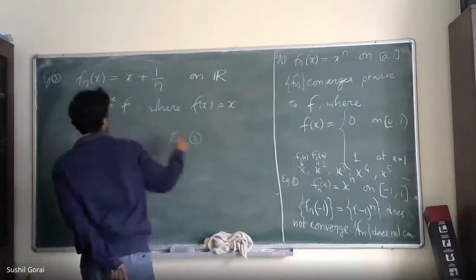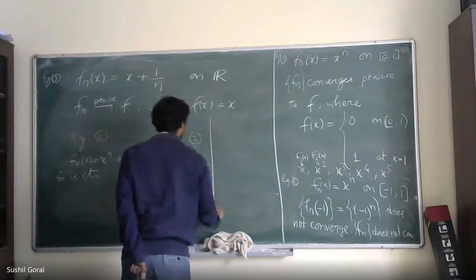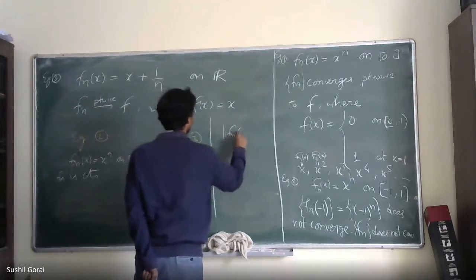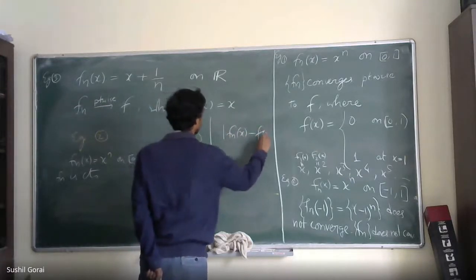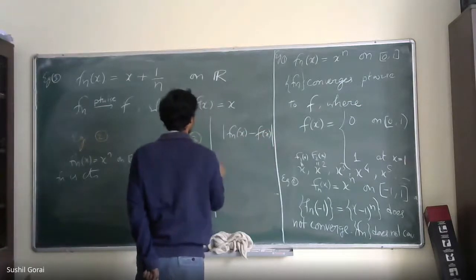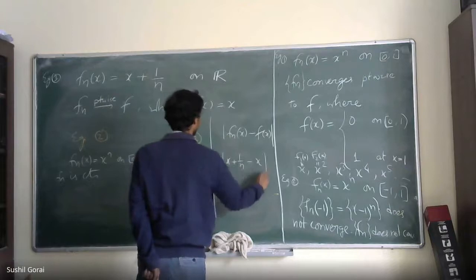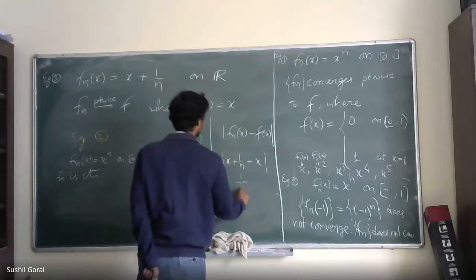You write mod fn(x) minus f(x). So what will be this? x plus 1 over n minus x. So this is 1 over n. Oh, okay, sir. I got it. I had read the n as x. That is why the mistake occurred.